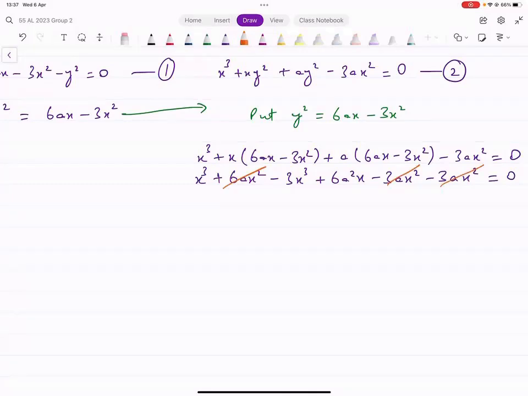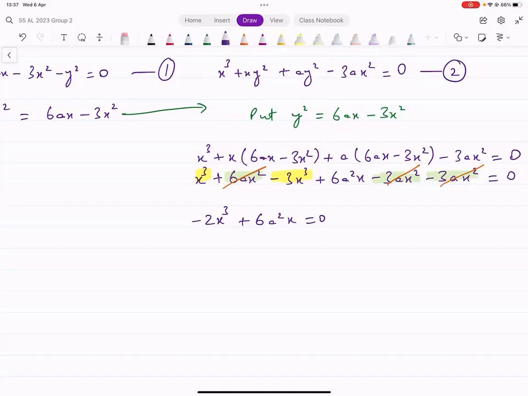X 6 minus 3 was 0 ho gaya. You're left with x cubed minus 3x cubed, which is minus 2x cubed, and plus 6a square x equals 0. इन दोनों को ऐड कर लिया और ये तीनों टर्म्स हमारी कैंसिल आउट हो गए.